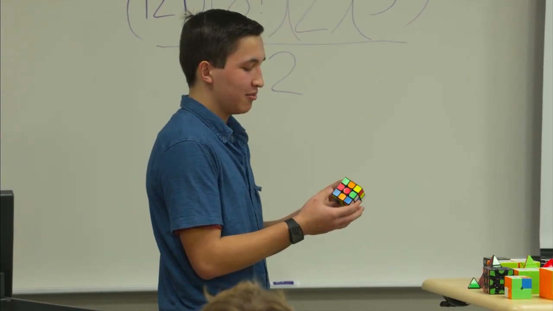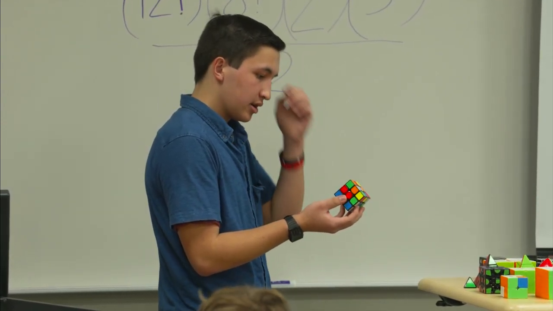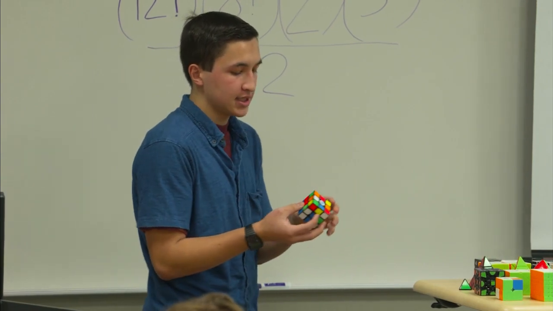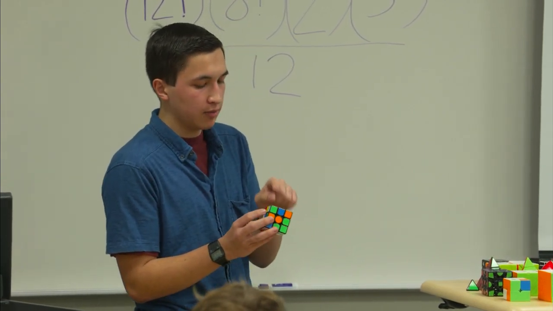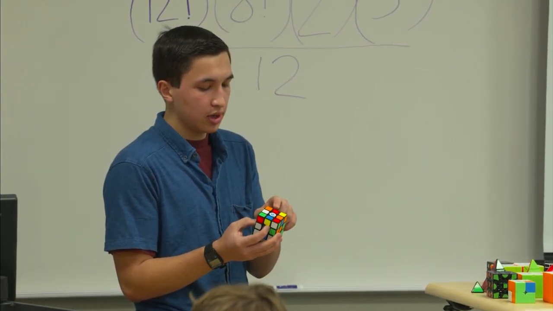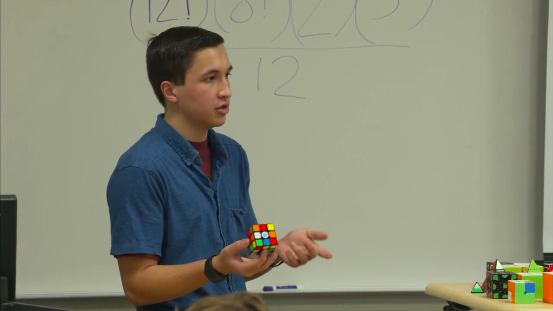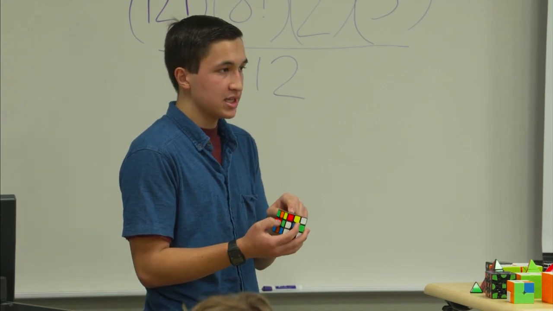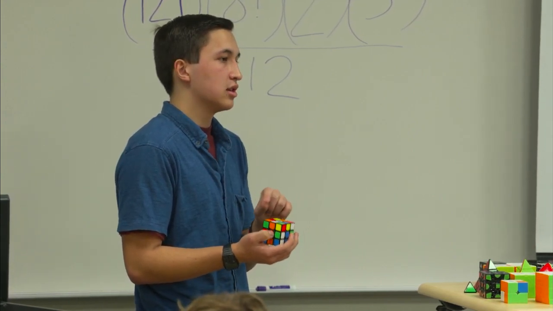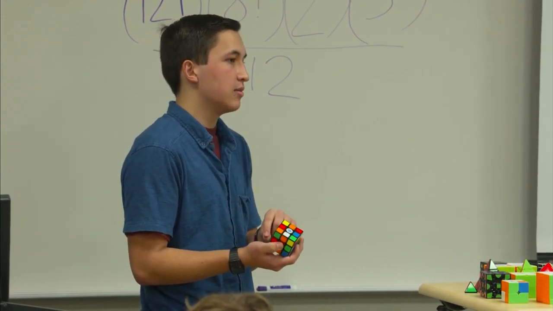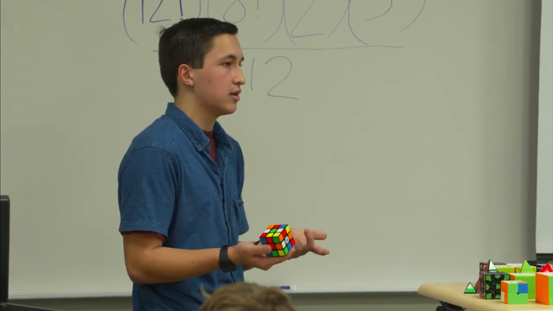So first thing I do is I make the cross on the white side. I know that red is across from orange and green is across from blue. That's how it always is. But when white is on top, green is to the left of red and blue is to the right of red. And for orange, it's the other way.